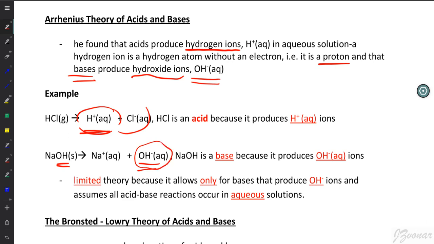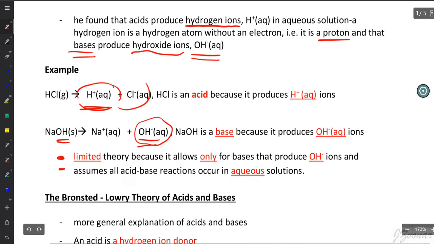Because it has the ability to produce hydroxide ions, that is the definition of the Arrhenius base. Now the problem here is this theory was limited only to bases that contain hydroxide ions. As well, we're assuming that all acid and base reactions occur in aqueous solutions, meaning in water. Those are the two limitations of the Arrhenius theory.